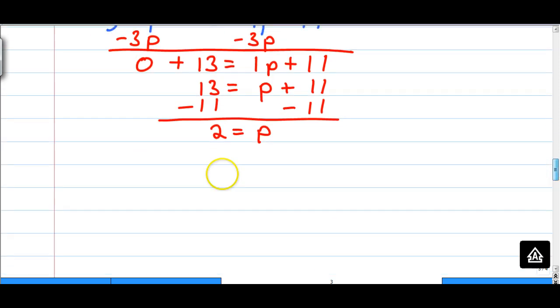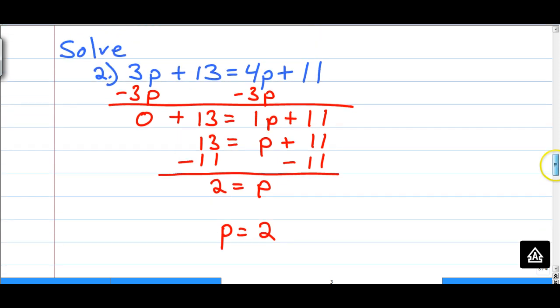So I now know that p is equal to 2. I can go back and check this by plugging the 2 into the p position on the original problem. If I come out with an equal value to both sides of the equal sign, then I've solved correctly.